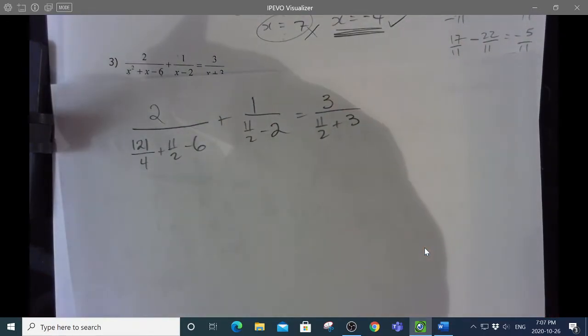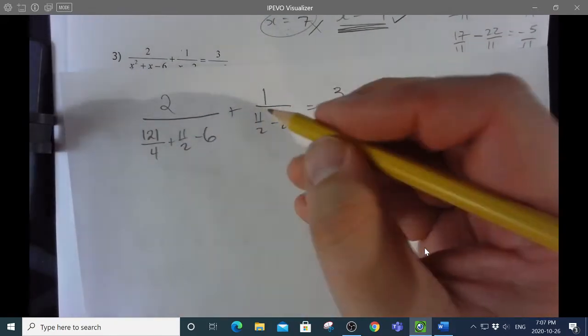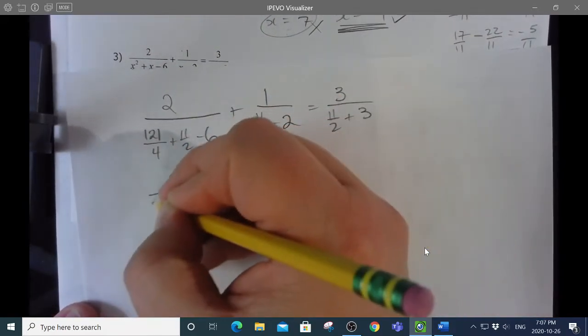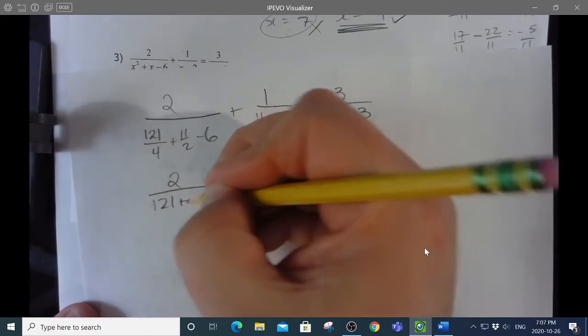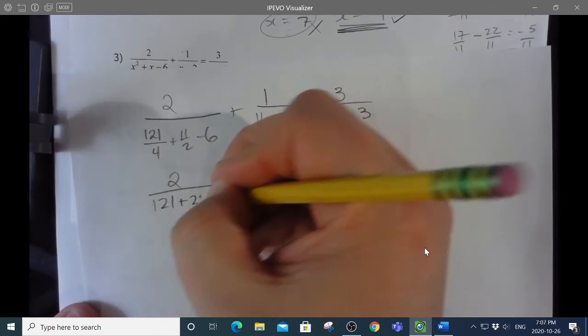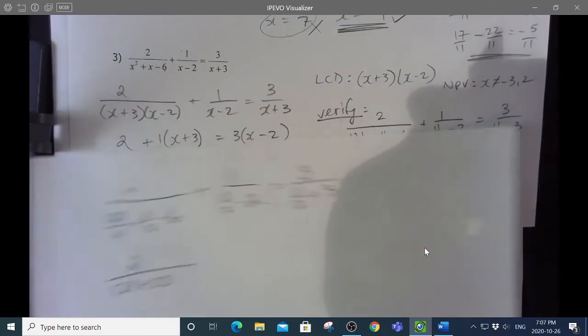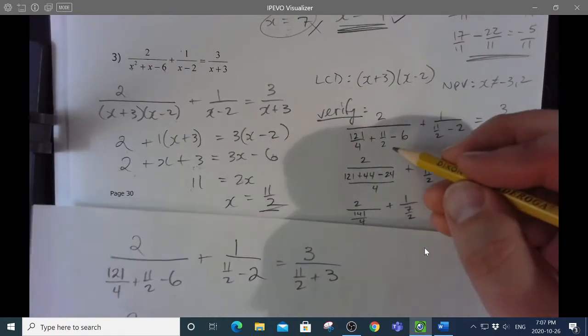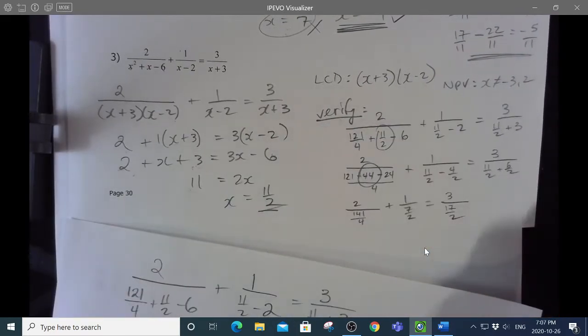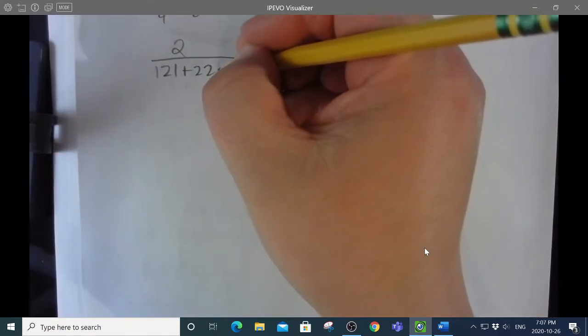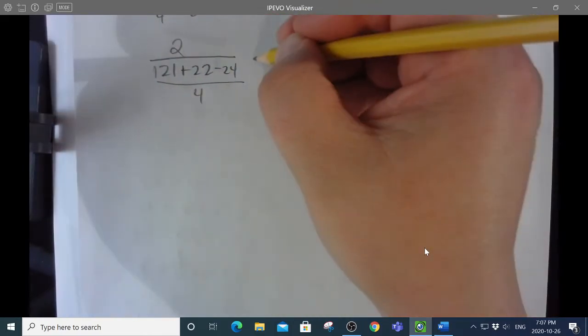All right. So the common denominator here is 4, so that's 2 times 121 plus 22, and I think that might have been my mistake. Yes, there's my mistake right there. That's where this thing went off the rails. Haha, found it. So that's going to be minus 24 all over 4.